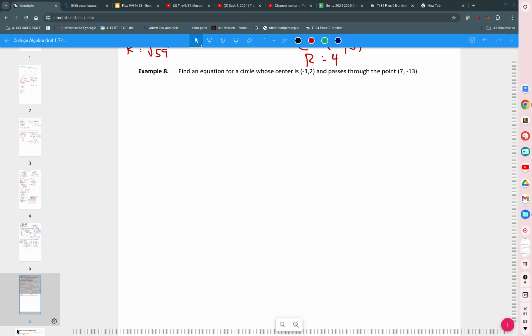And then. What are we missing? So that's for the center. And then how would you find the center?